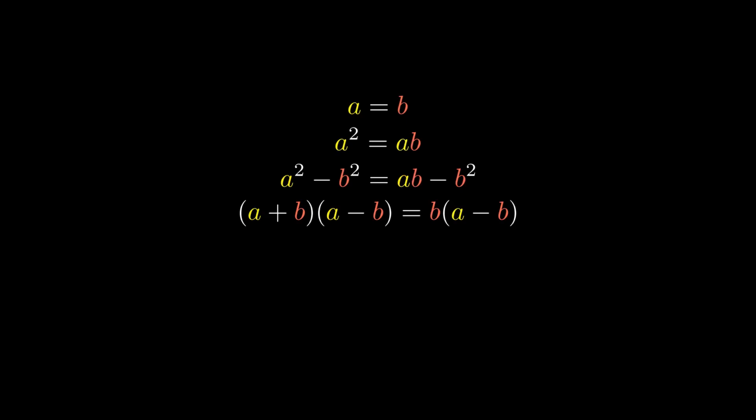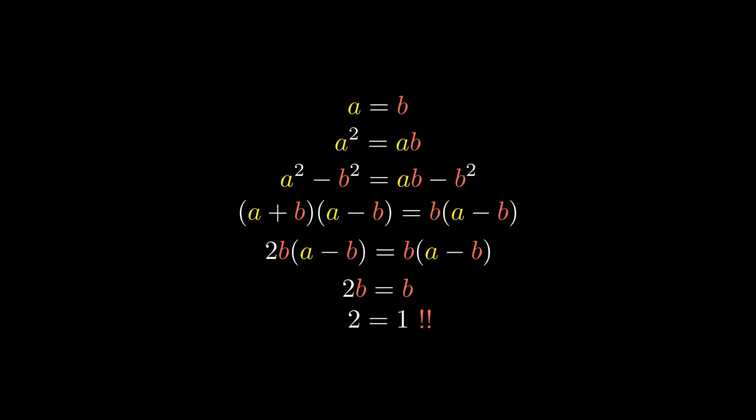Because we assumed a equals b at the beginning, replacing a with b in the left hand side gives us 2b times (a minus b) equals b times (a minus b). Cancelling (a minus b) from both sides, we have 2b equals b for all b. That is 2 equals 1, which is simply not true.